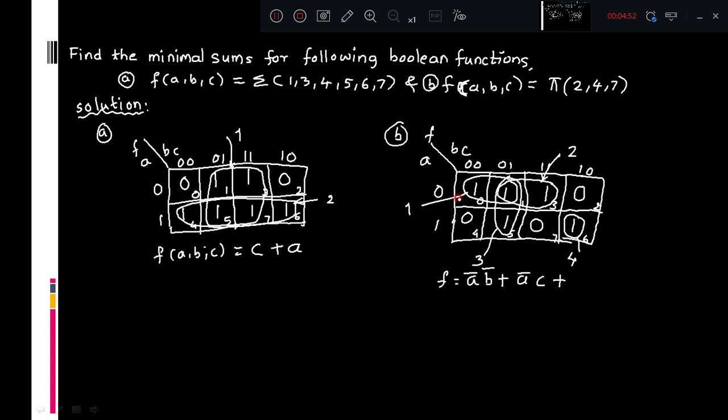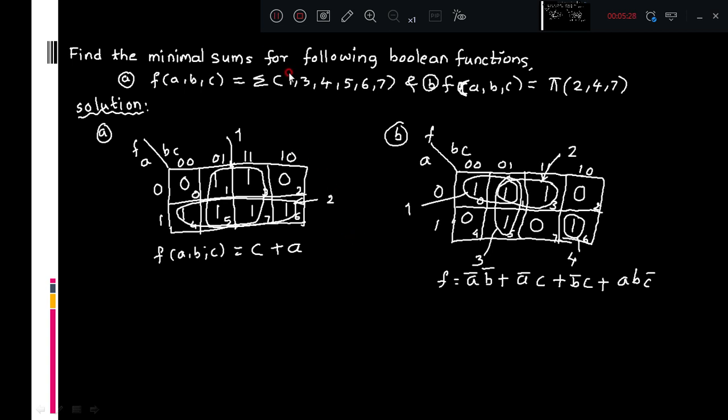Third grouping, a is changing from 0 to 1, so we neglect that. B is 0, so b bar, c is 1, b bar c. And in the fourth grouping only a single cell is there, so this single cell a, b, c bar. We get the solution as this.